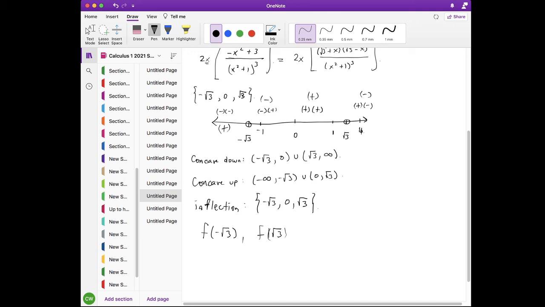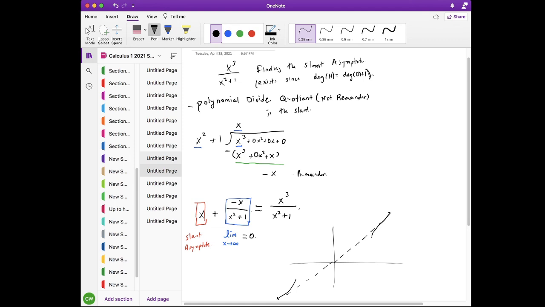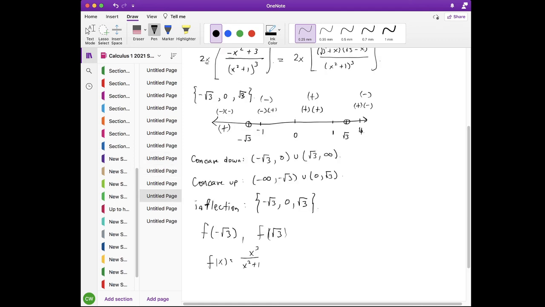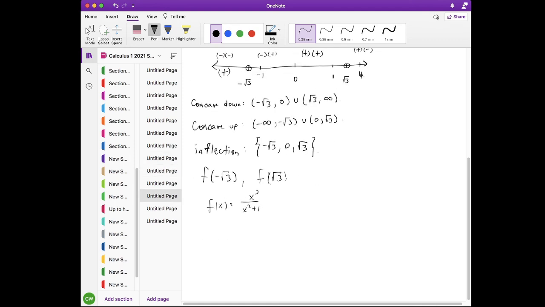So remember the function was f of x equals x cubed over x squared plus 1. Was that it? Yes. Okay, so when you plug in root 3, you get 4 in the denominator, and then you get root 3 cubed.